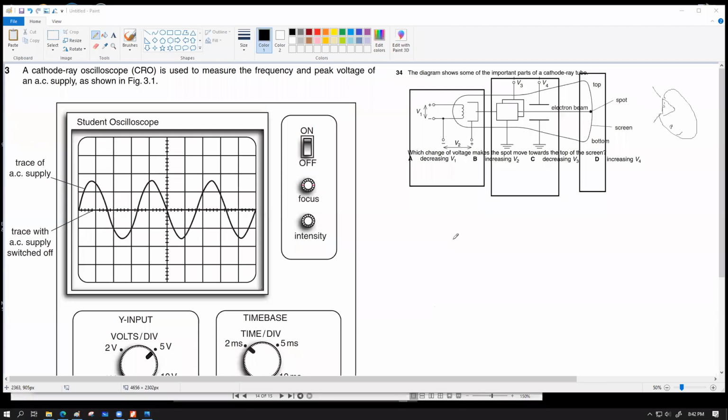Now, a couple of things we really need to consider. Whatever physical input or physical measurement you want to do using the CRO device, that will always have to be connected with the y gain axis, the vertical axis. Have a look at the lecture video once again.